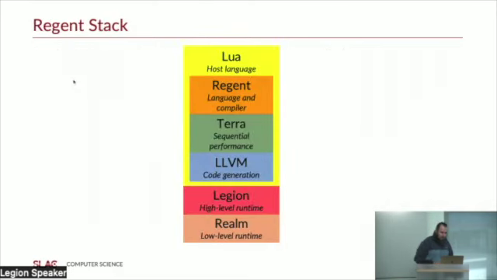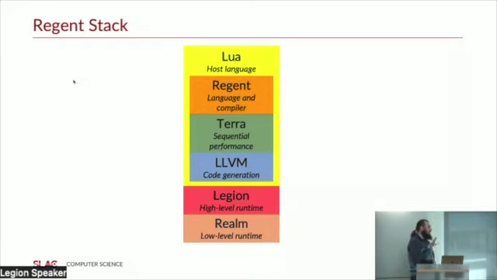Okay, so I'm going to talk a little bit about Regent today, and I just want to remind people what the stack actually looks like. In case you forgot since last time, the whole ecosystem for Regent is embedded in a programming language called Lua, which is a scripting language. The exact details of that don't particularly matter.